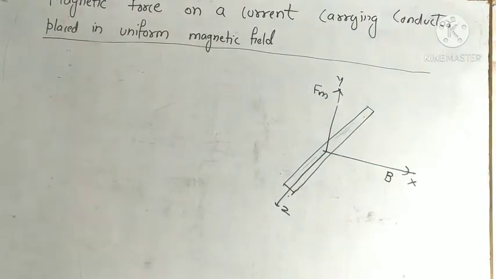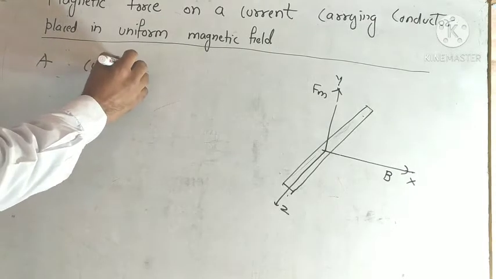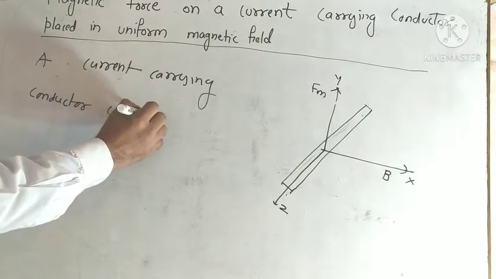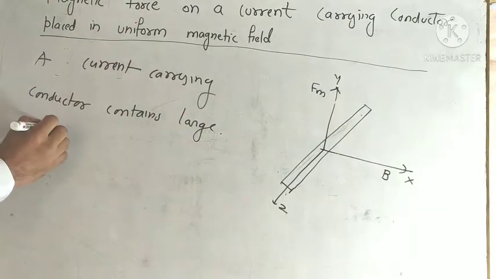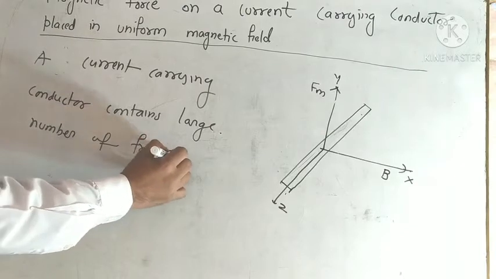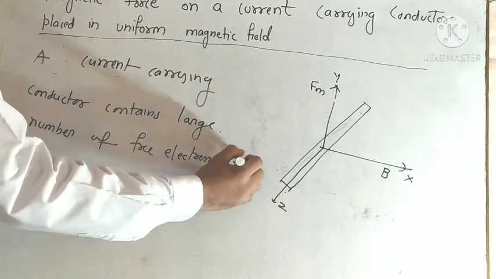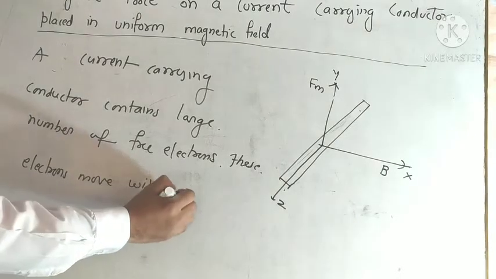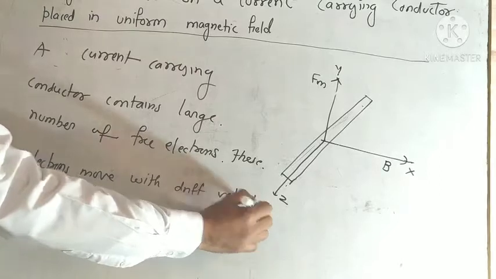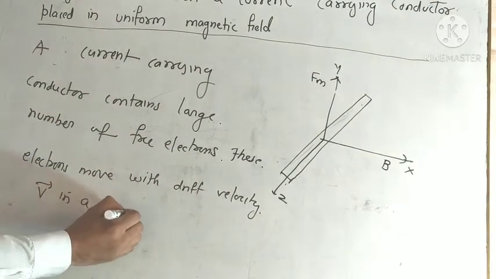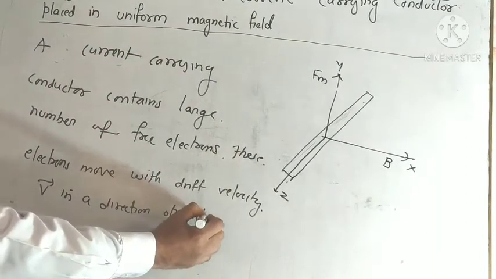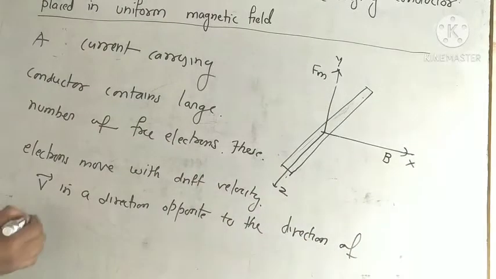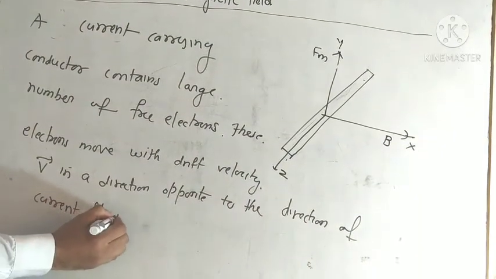So here a current carrying conductor contains a large number of free electrons, and these electrons move with drift velocity v in a direction opposite to the direction of current flowing in the conductor.